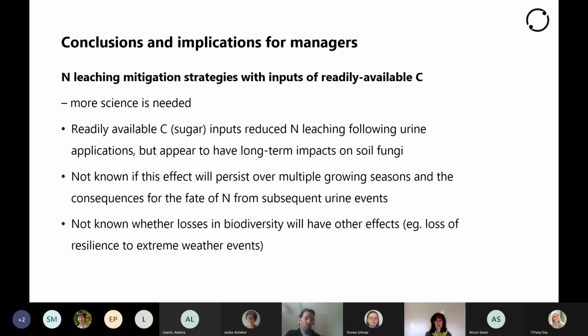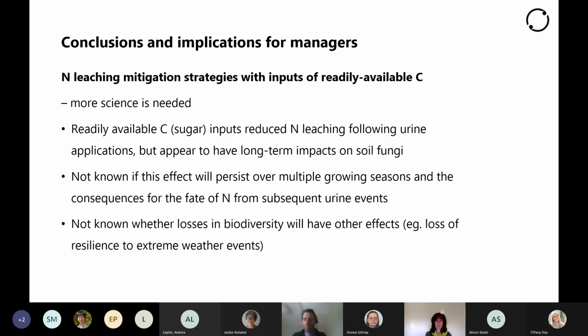We can say that readily available carbon in the form of sugars reduces leaching following urine. But what we've observed is that this extra addition of carbon has a long-term impact on soil fungi.